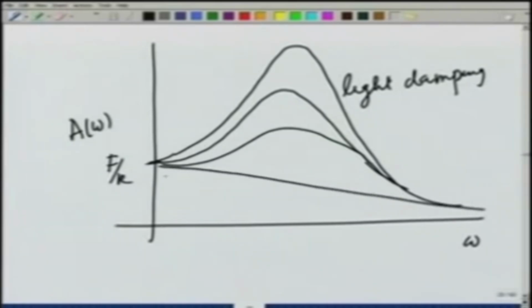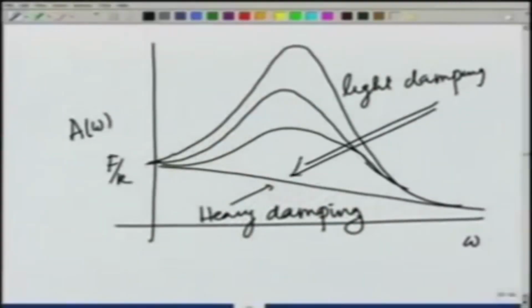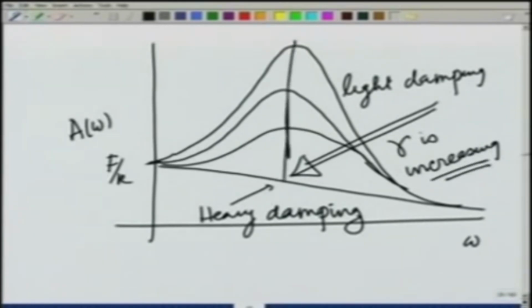The curve just goes like this. Nonetheless, the system does oscillate even in the case of heavy damping when subjected to an oscillating force. I can say that in this direction gamma is increasing. So, in the light damping case, I do have a resonance at this point omega 0, which really reflects that the amplitude becomes maximum at that point.